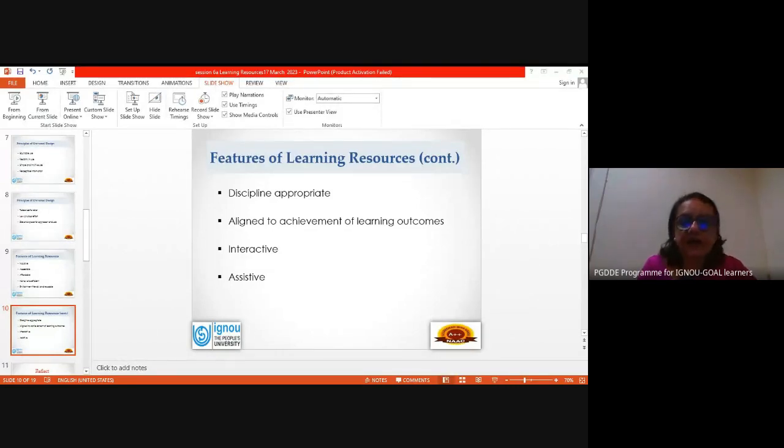Another thing is that of aligning to achievement of learning outcomes. As I said, some disciplines would require skills, some would require competencies. So depending on the learning outcomes that have to be achieved, there also you will try to make sure that you build learning resources so that each of the learning outcomes is achieved successfully.